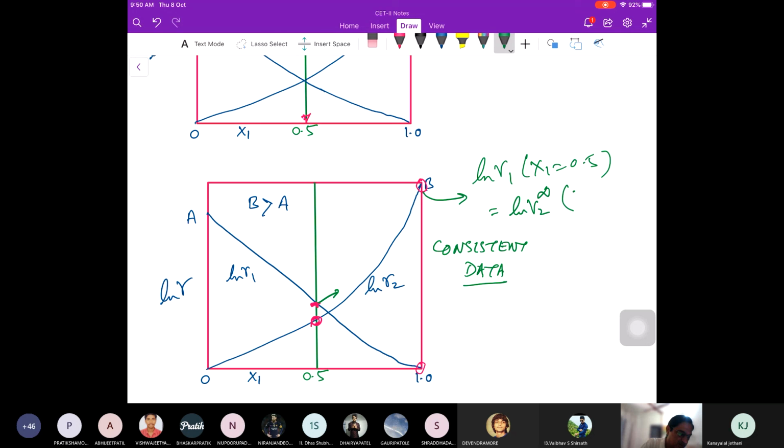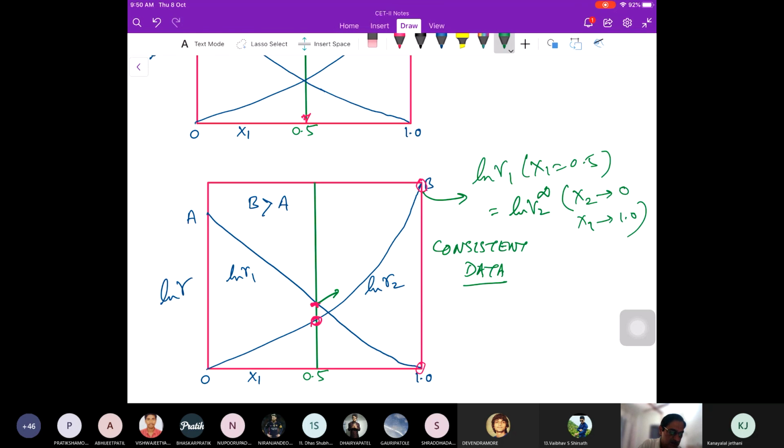That means x2 tends to 0, x1 tends to 1, right? This value should be 1/4 the value of this, and that is possible only if this value is below this. Geometrically, they must have proved something. I don't have the proof of that, but we will take it as such.